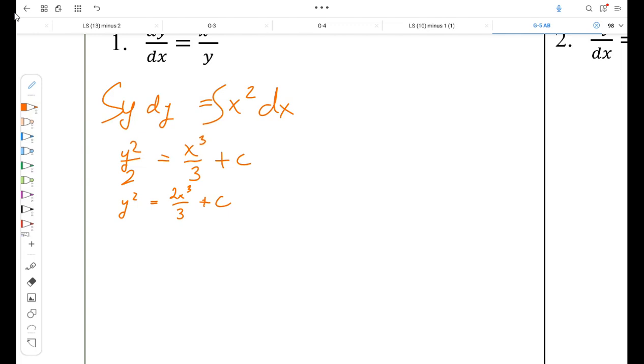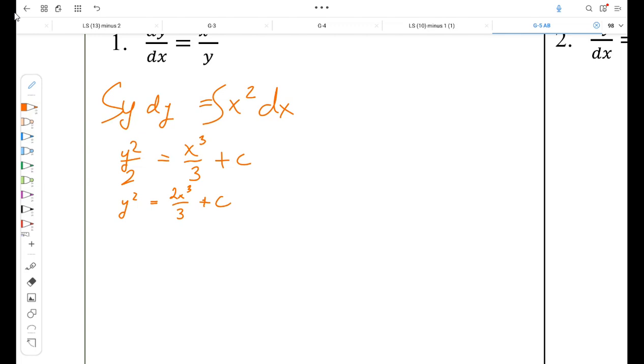Because what that says is my y squared is this thing plus any other number in the world. Putting that 2 in there just complicates things, so this doesn't look algebraically correct. I've seen some people subscript these, so they'll call this C1 and then they'll call this C2, but that's not necessary, so I don't like to do that.